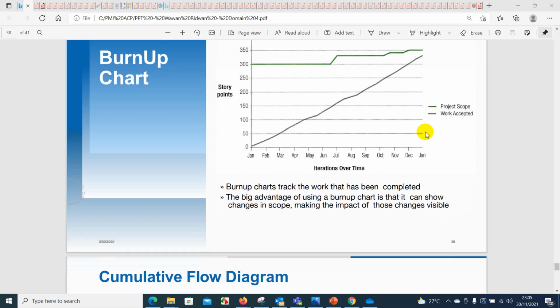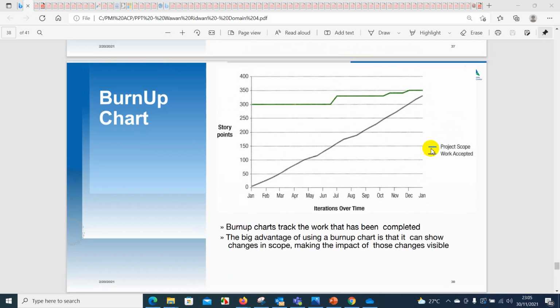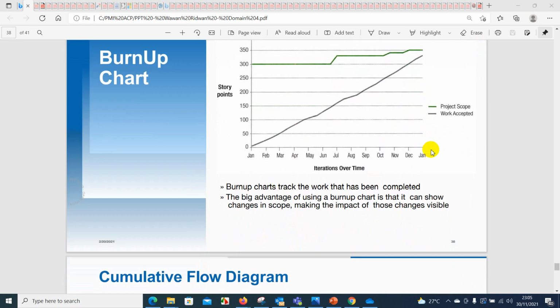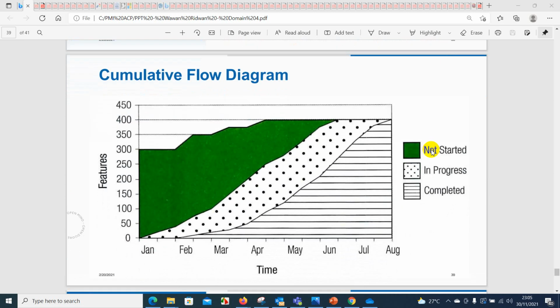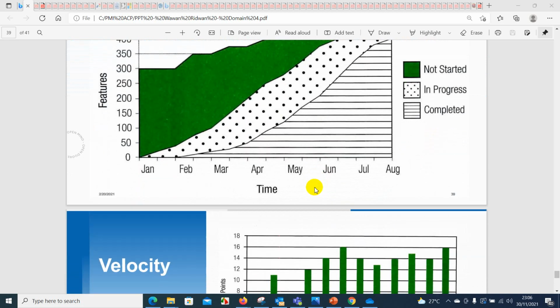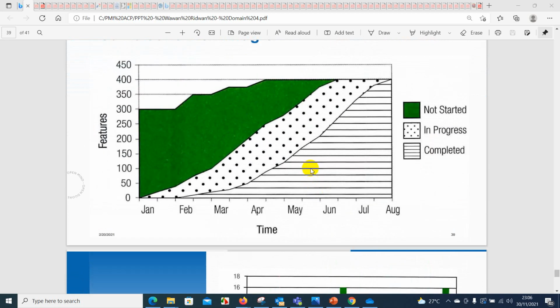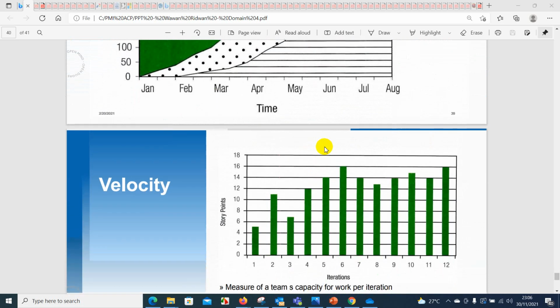Oh, kelihatan perubahan scope-nya ya. Ini completed ya. Making the impact of those changes visible ya. Oke, cumulative flow diagram, features, terus in progress, not started, completed. Nah, si started-nya harus berubah ke in progress, progress-nya harus completed gitu.